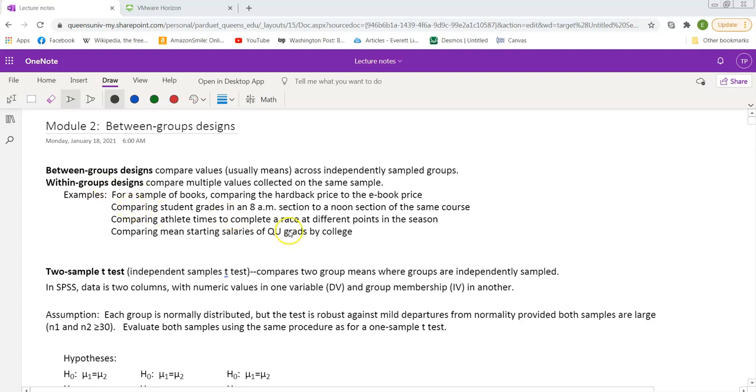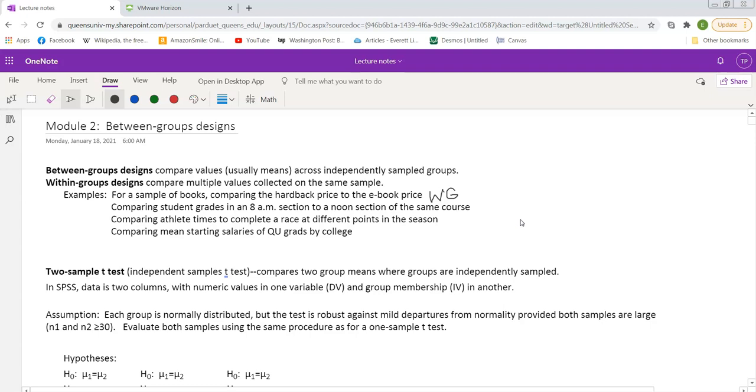So I've got some examples here, and we'll talk about which ones are between and which ones are within. For a sample of books comparing the hardback price to the ebook price, this one is within groups. And that's because we've got one sample of books, but two different measurements on each one of them.